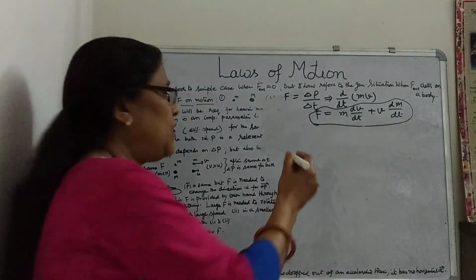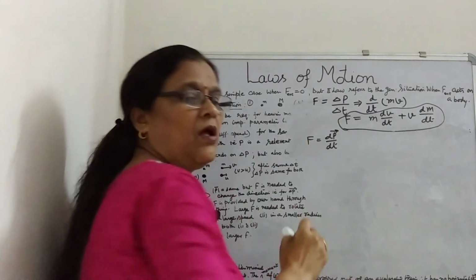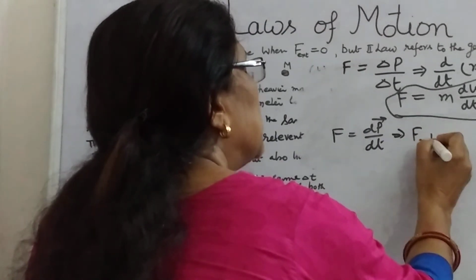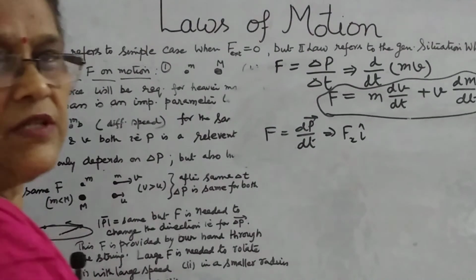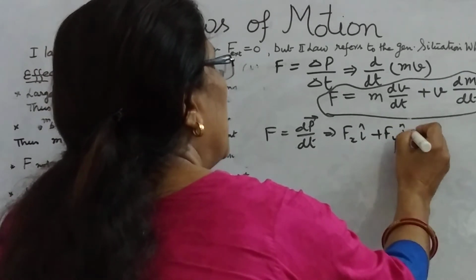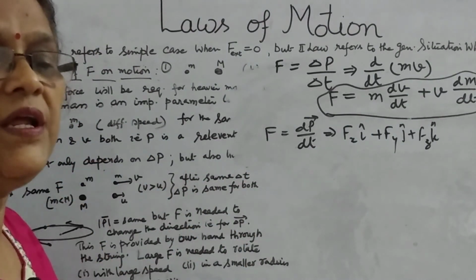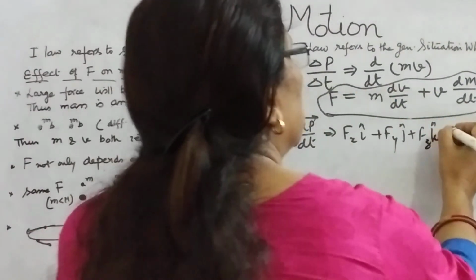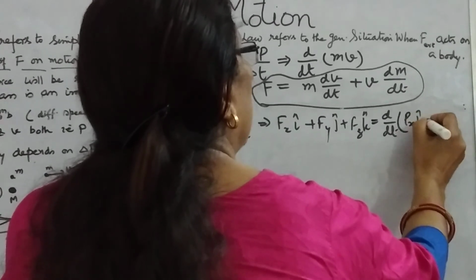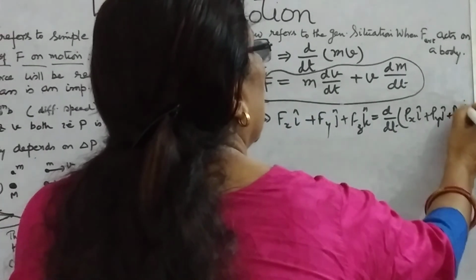F equals dp by dt, and F can be written as Fx i cap, where i cap is the unit vector in the x direction, similarly Fy j cap plus Fz k cap. You can write force in this way. Force is a vector quantity. What about d by dt of momentum? In the same way, d by dt of px i cap plus py j cap plus pz k cap.